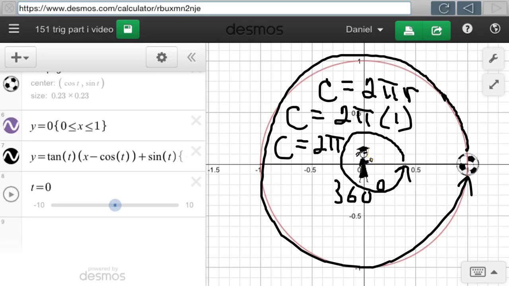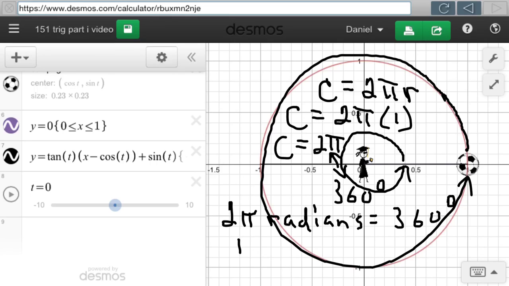So right here we have our relationship. 2 pi radians, and I apologize for the way this writing looks. This is supposed to be a fancy stylus, but it's not too good. 2 pi radians is 360 degrees. So if I want to make this a little simpler, I could divide both sides of this by 2.